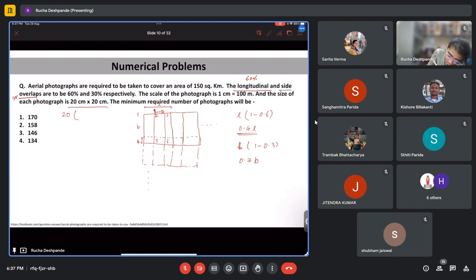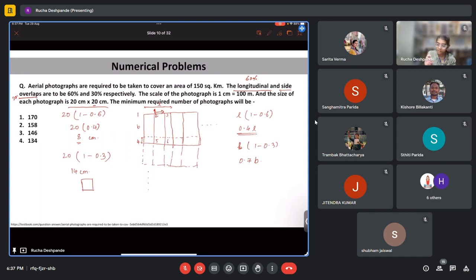So we have 20 into 0.4, which is 8 centimeter in the longitudinal direction, and vertically we have 20 into 1 minus 0.3, so it would be 14 centimeters. So this is the effective area of each photograph.